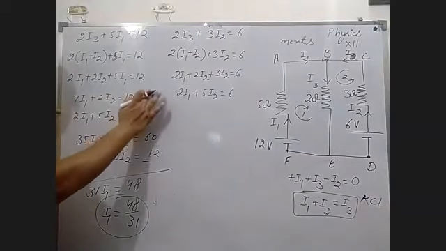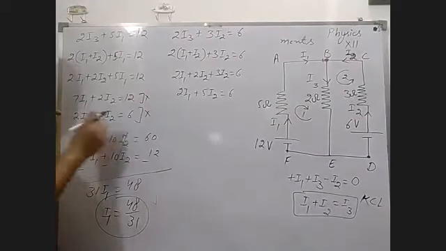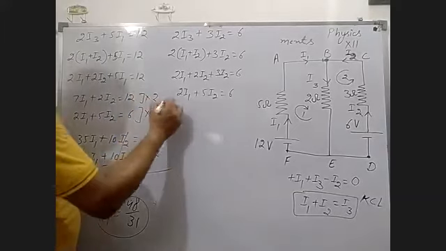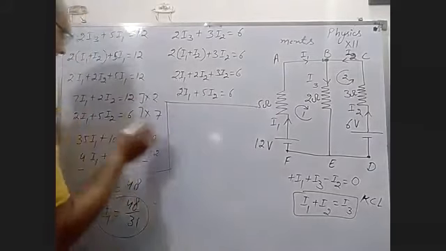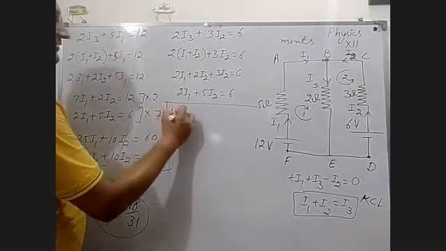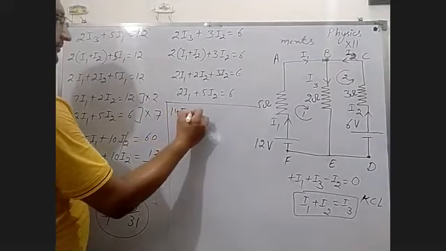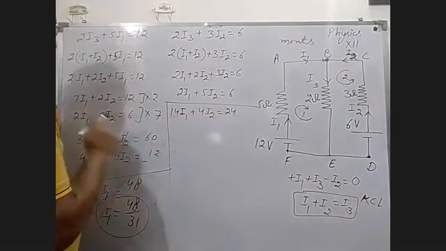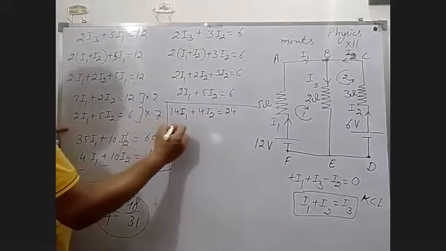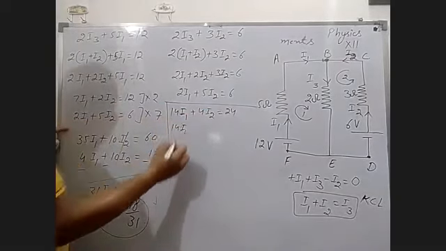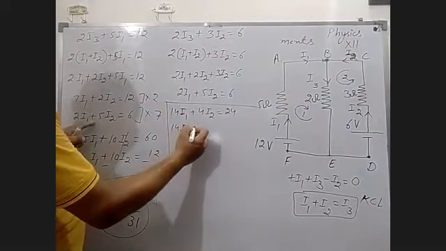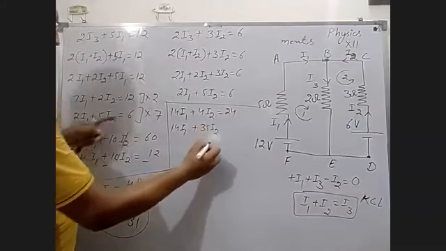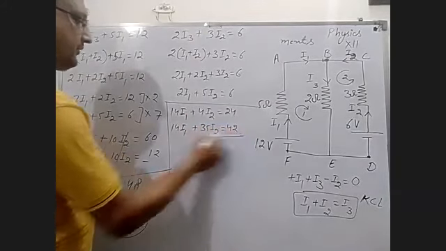Now multiply this thing by 2 and this thing by 7, and another value you can get from there. 2 7s are 14 I1 plus 4 I2 is equal to 24, and this equation becomes 14 I1 plus 7 5s are 35 I2 is equal to 42.